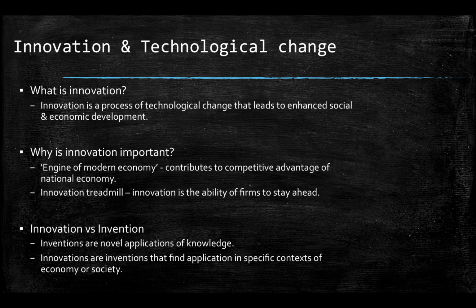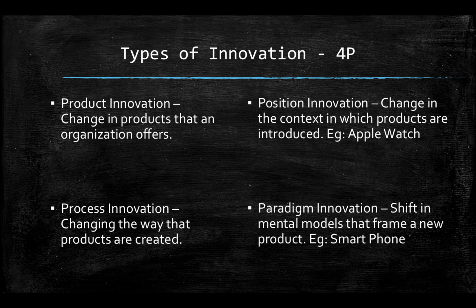Because it is what keeps different firms in our economy afloat. The ability to innovate is what allows these firms to stay ahead. There are four kinds of innovation, so the four P's of innovation: product innovation, position innovation, process innovation, and paradigm innovation.